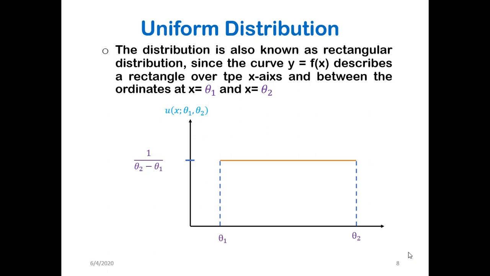So the line parallel to the x-axis shows that the probability for this particular function is uniform, does not change from the lower limit, theta 1, to the upper limit, theta 2. That's why this kind of distribution is also referred to as a rectangular distribution or a uniform distribution, to mean that the probability is uniform throughout, it does not change.